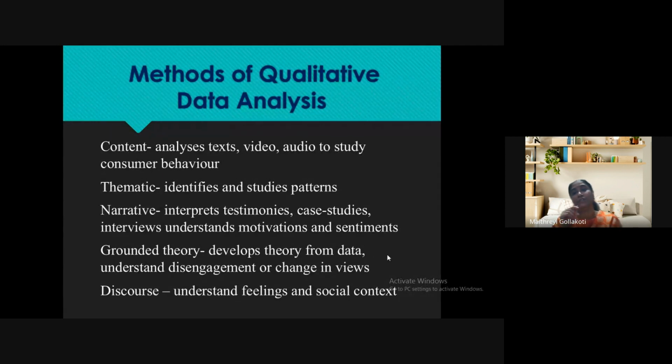Because the new product is doing better than the old product, isn't it? So grounded theory tries to study the reasons for the old product to be disengaged and for the new product to be engaged. You understand? This kind of change in consumer behavior can be studied through grounded theory analysis.